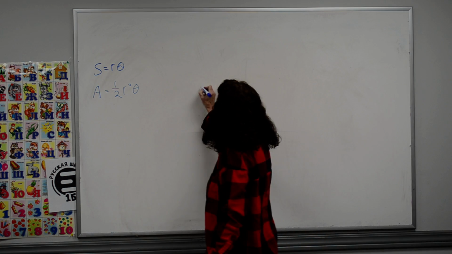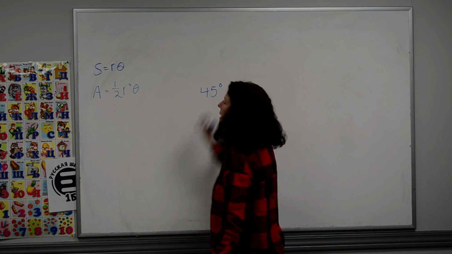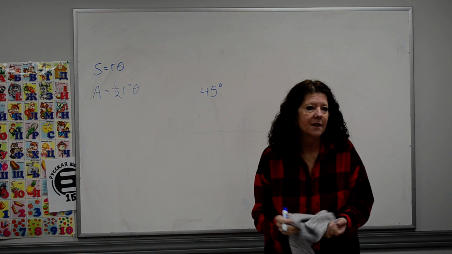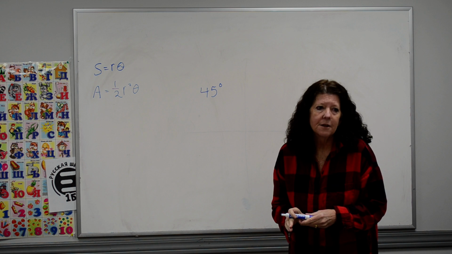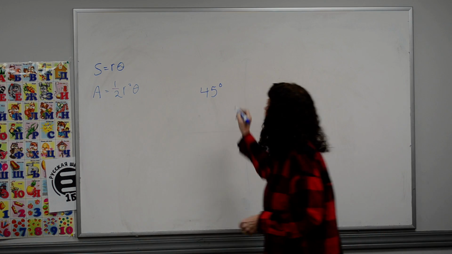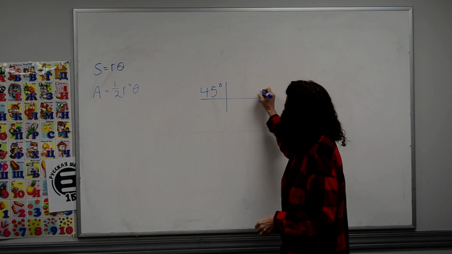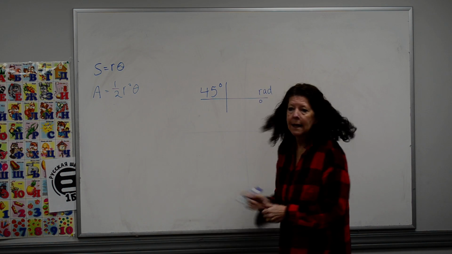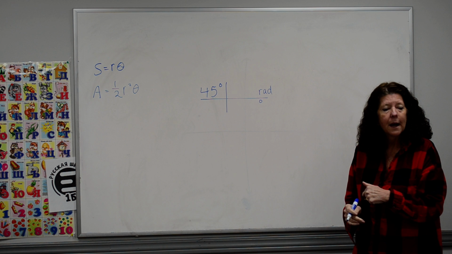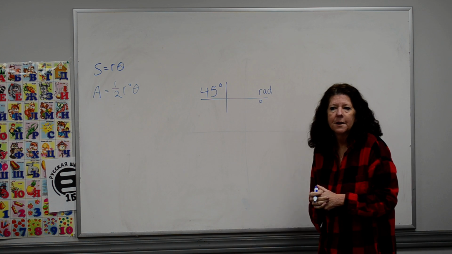Let's say I have 45 degrees, and I want to change that to radians. Again, I'm going to do dimensional analysis, okay? I want degrees to go away, and I want radians to stay. So the degrees have to go on the bottom, the radians have to go on the top.